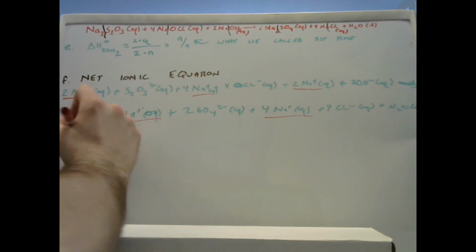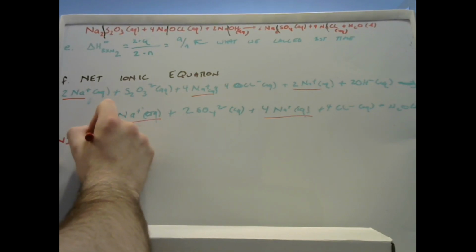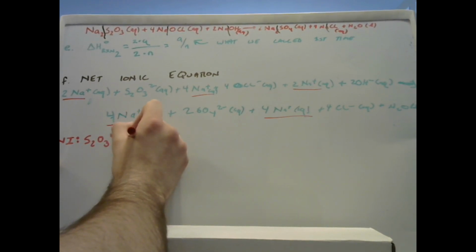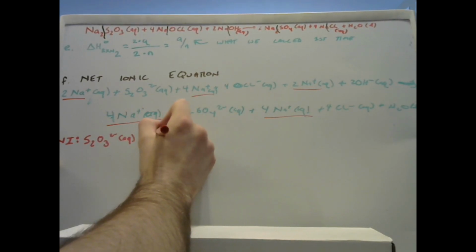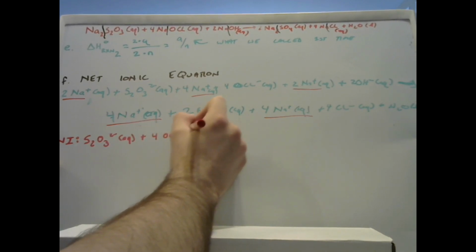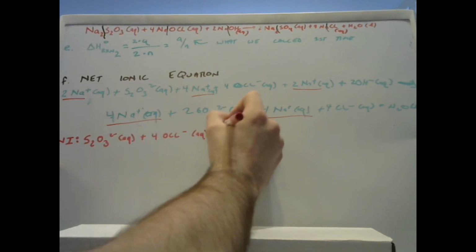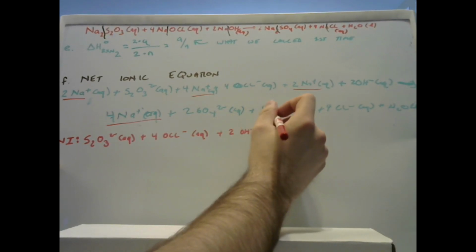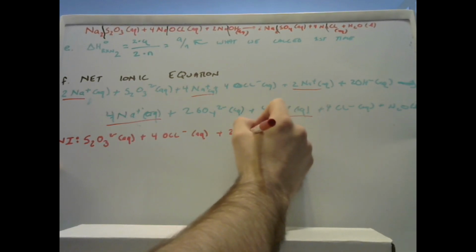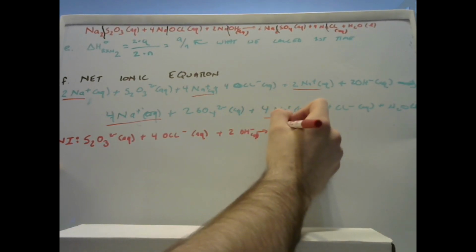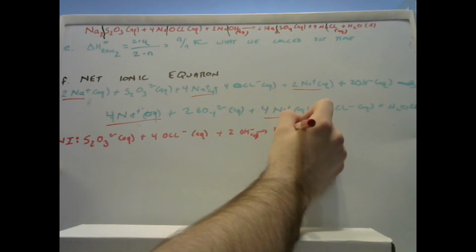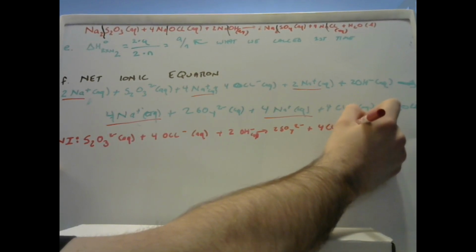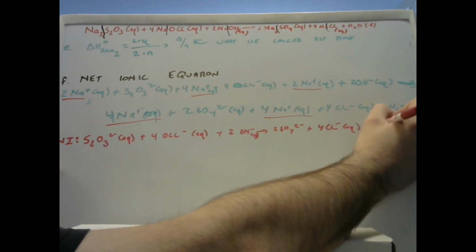And do remember your state symbol tags. So S2O3 2 minus plus 4 OCl minus plus 2 OH minus. All these are aqueous. Gives me 2 SO4 2 minus plus 4 Cl minus aqueous plus water.